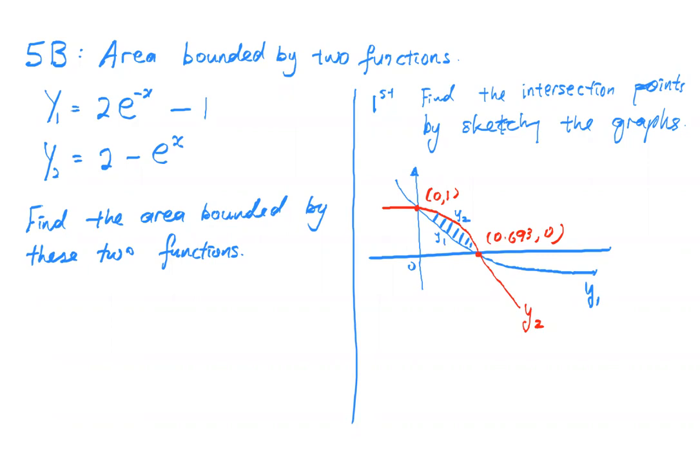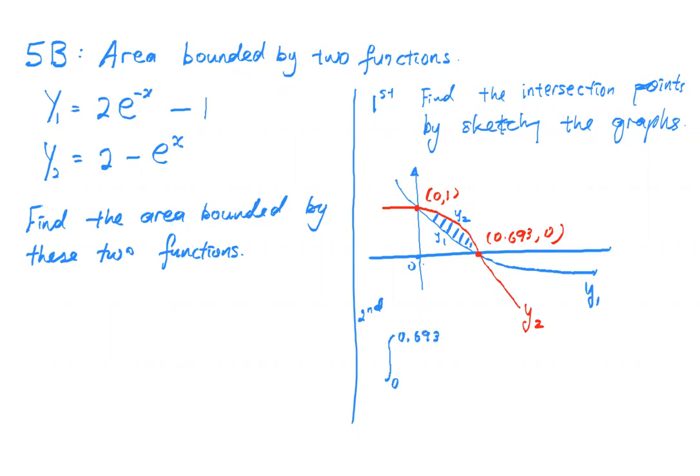Okay, and your x limit is from 0 to 0.693. Am I right? So what you need to do is integrate. Second step, you write the integral expression from 0 to 0.693.